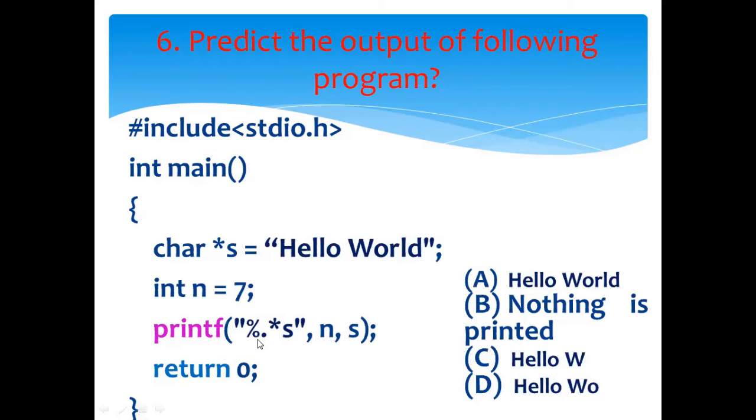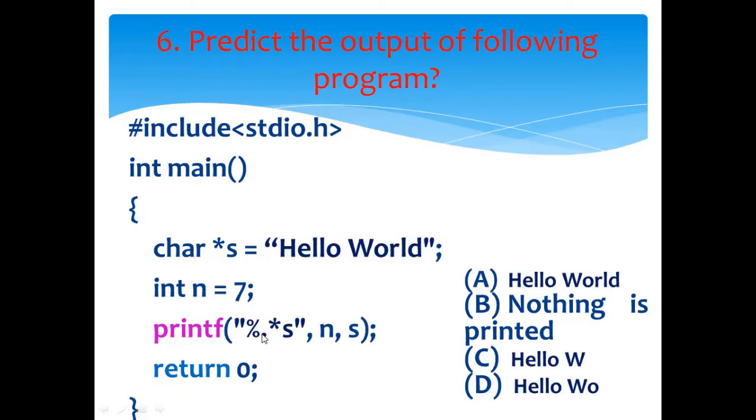And here, what exactly does %.*s specify? The .*s specifies that the value of hello world will be replaced by the s value, which is hello world as initialized above. And what does the dot prefix resemble?